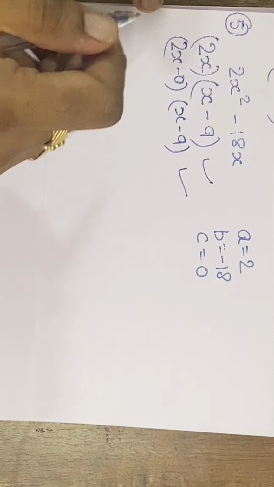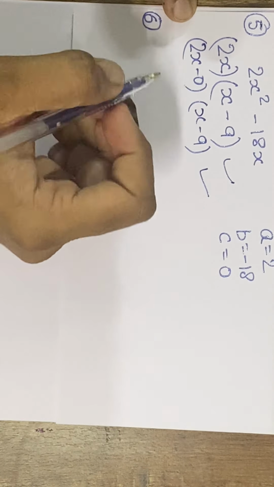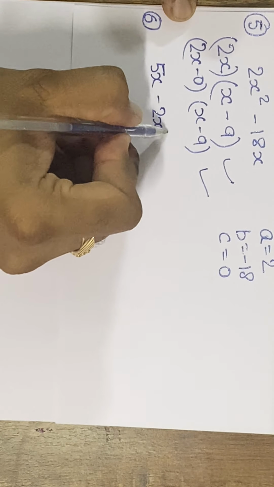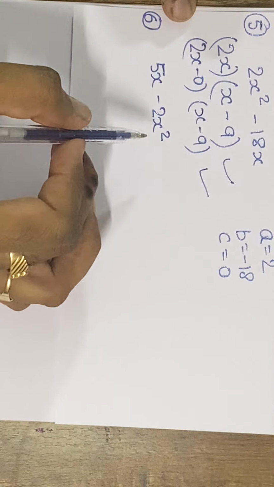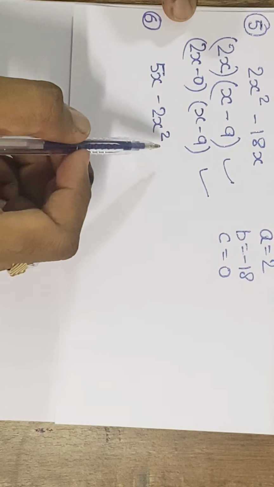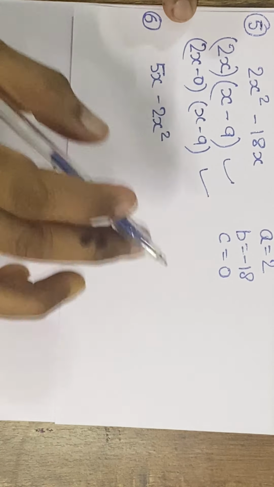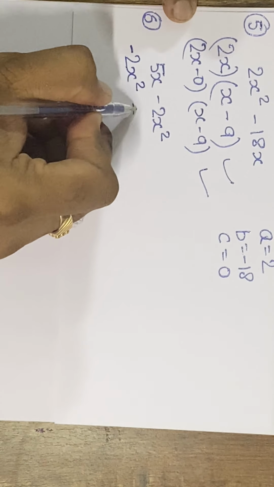I'll take one more example to show this. Suppose the quadratic equation is written like this, 5x minus 2x square. Don't worry about it. It's still a quadratic equation. It's just how they have written it. They have changed the order of the terms and written the x term first and the x square term later. The first thing to remember is to arrange them in decreasing order.